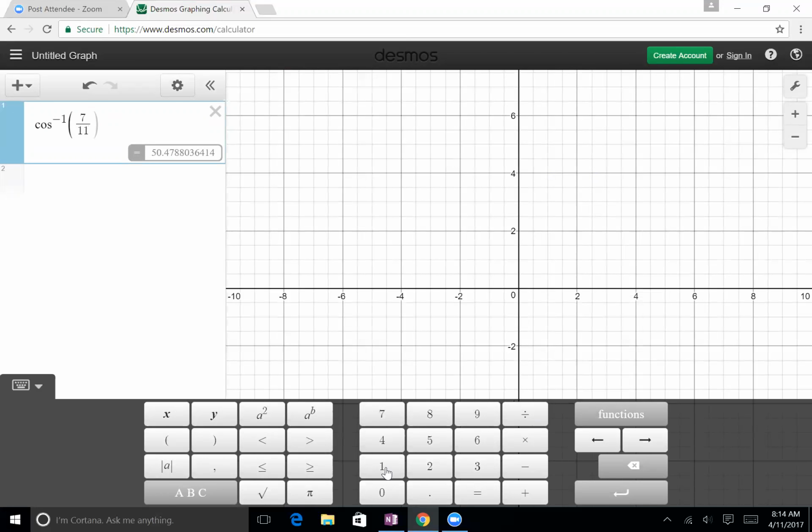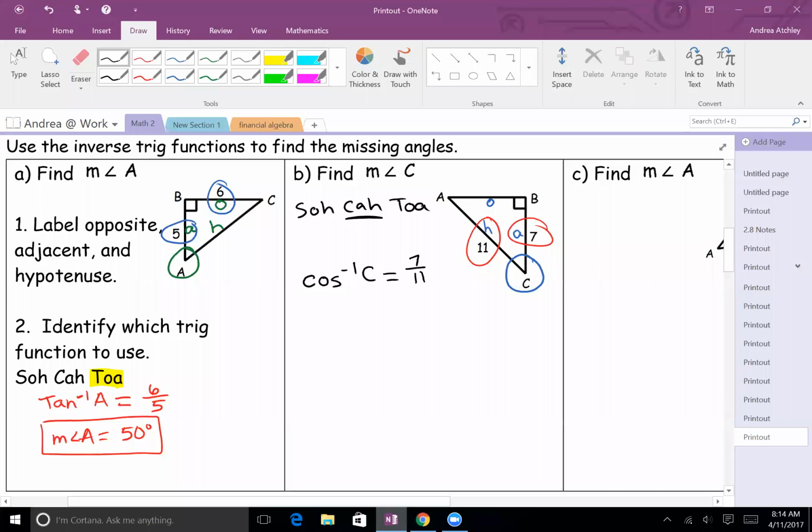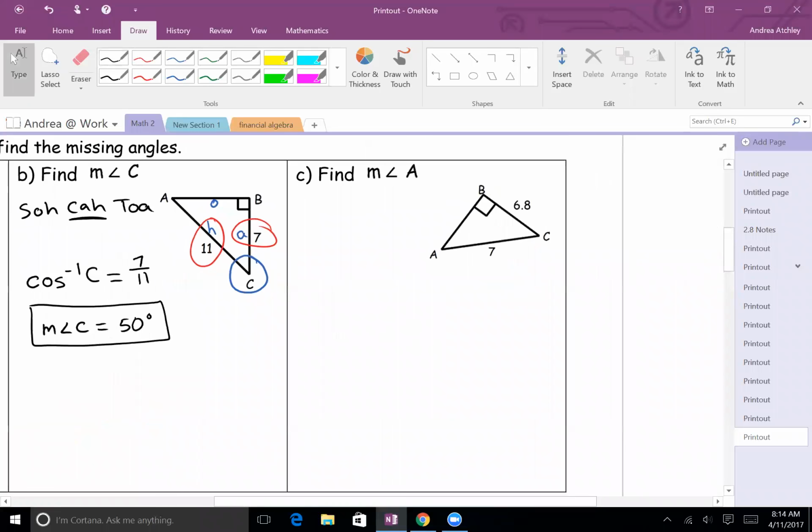Again, if we're rounding to the nearest whole degree, it'd be 50 degrees again. So the measure of angle C equals 50 degrees. Any questions over that? Okay, next one on your own.